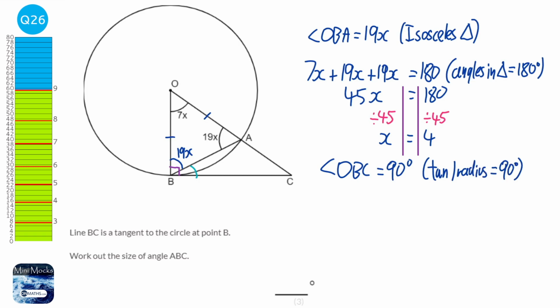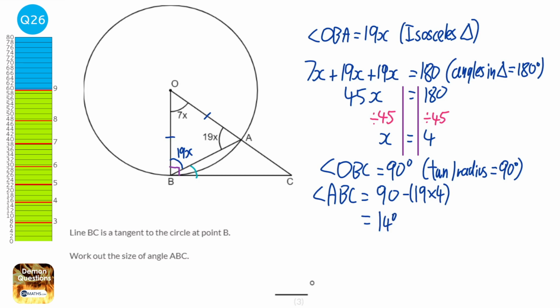Again, make sure you write all the reasons in full. And so therefore, angle ABC, which is what we're asked for, it's just 90 take away the 19x. Well, we know that 19x is 19 times 4, because we know that x is 4, and so that would be 76, so in total it would be 14 degrees. So angle ABC is 14 degrees.